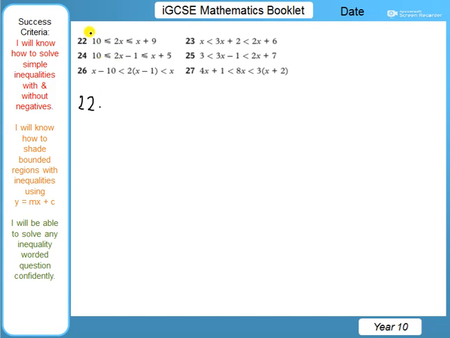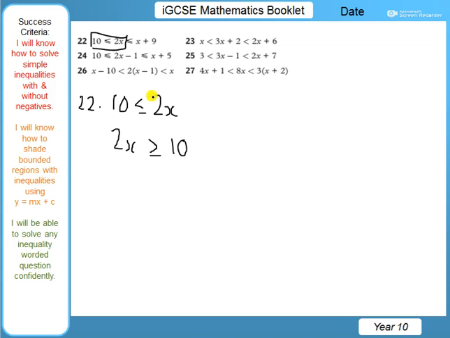What do I mean by this? Well, let's take the first half of the inequality. So that is 10 is less than or equal to 2x. And again, to make it a bit simpler for us, we like to have x on the left-hand side. So 2x is greater than or equal to 10.